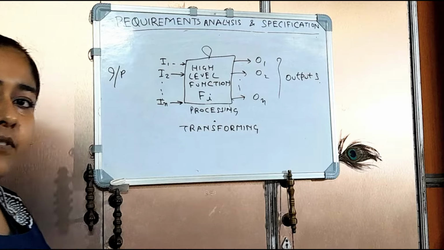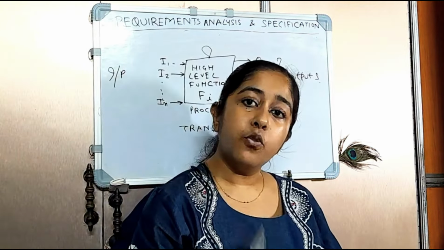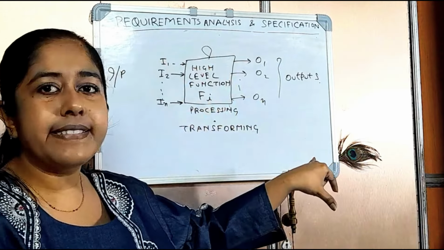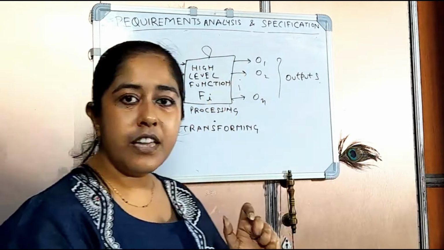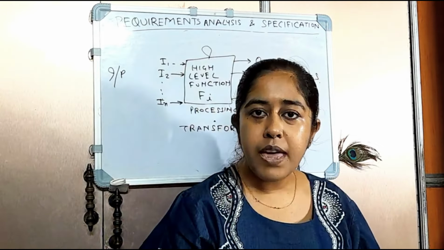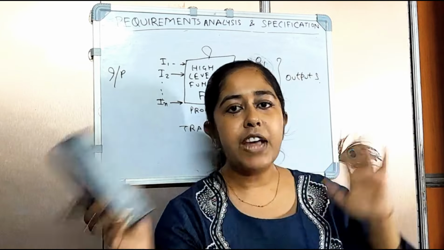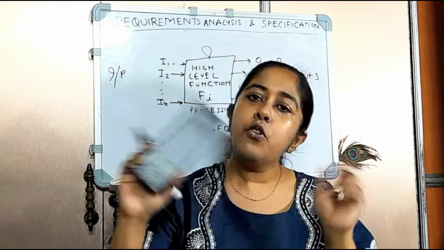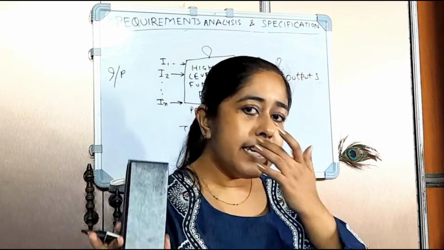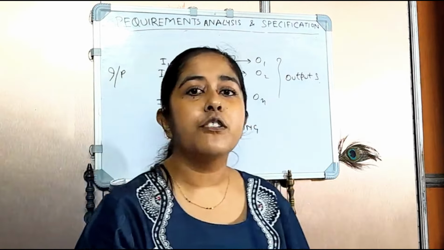So basically what is the function here? Functional requirements are those requirements which have these particular things. That is a high level function which will have some input given by you, maybe one input, maybe n number of inputs, and it will transform those inputs to a particular output. What are the functions of your system?